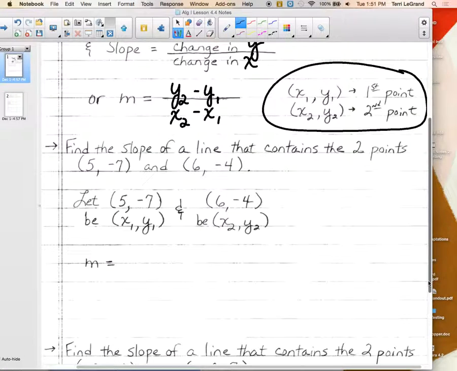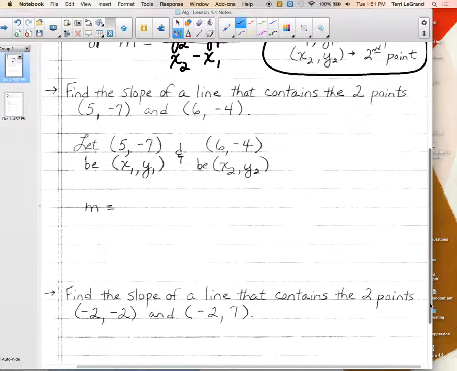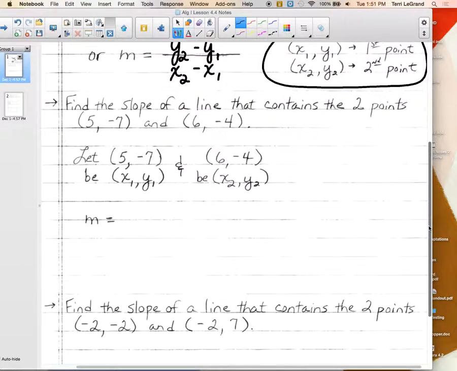Ordered pair 5, -7, and ordered pair 6, -4. I've said here, let's just let that first ordered pair, 5, -7, be our x sub 1, y sub 1. And let's let our other ordered pair, 6, -4, be our other one, x sub 2, y sub 2. So we're going to substitute into our formula that we just wrote down up here.